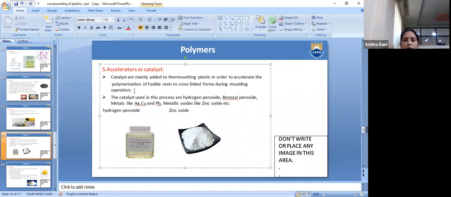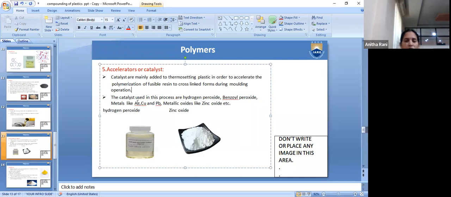If any fusible form of resin is there, it will convert into cross-linked form during the molding operation.